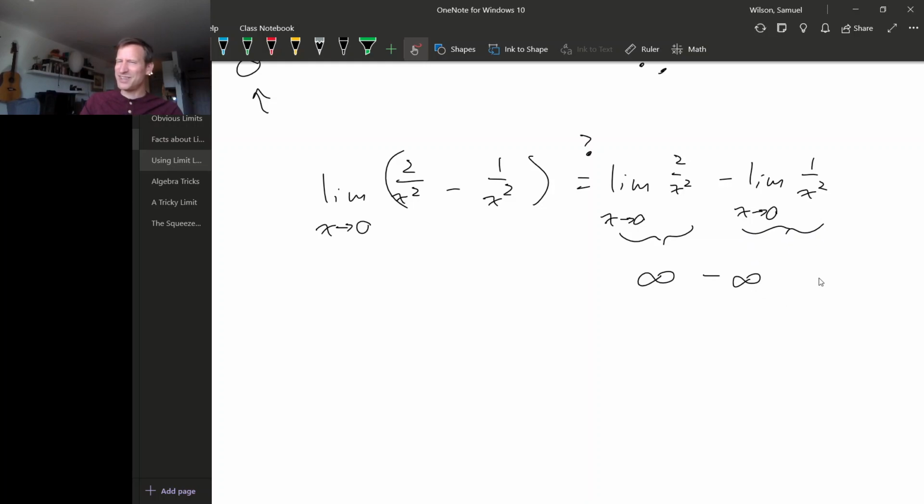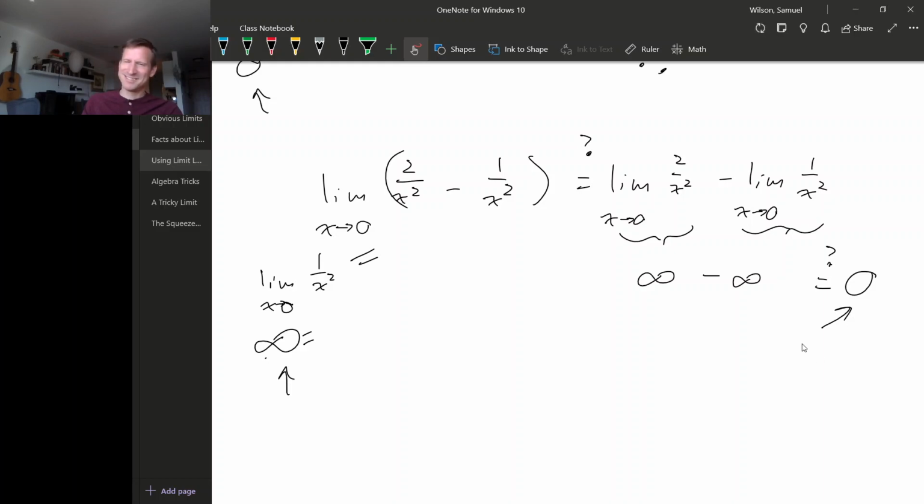So is infinity minus infinity 0? Well, let's look at this side over here. 2 over x squared minus 1 over x squared is 1 over x squared. And the limit as x goes to 0 of 1 over x squared is actually infinity. So we should have gotten 0, but we actually got infinity.